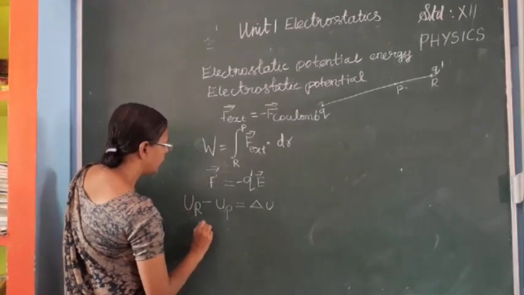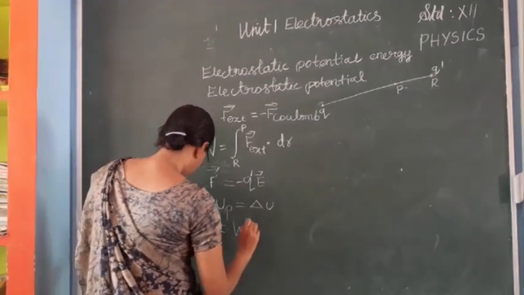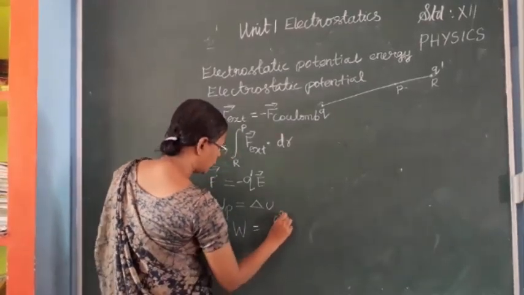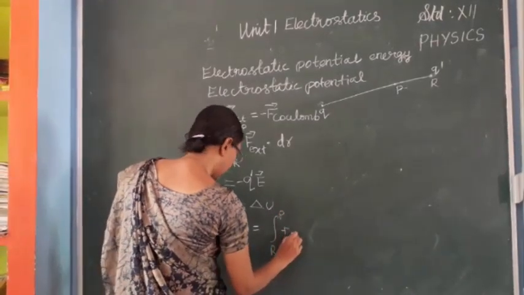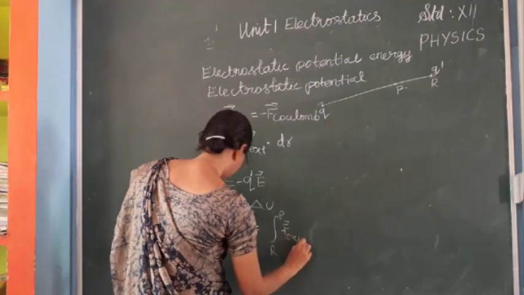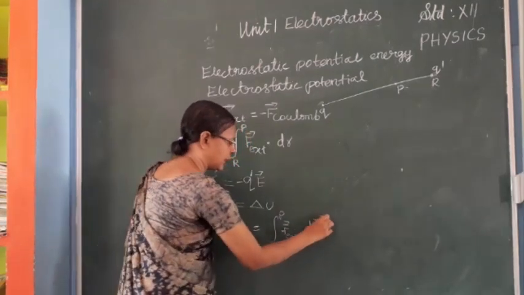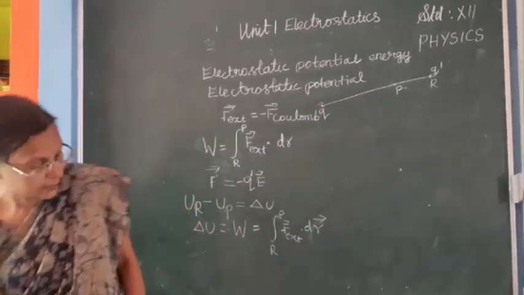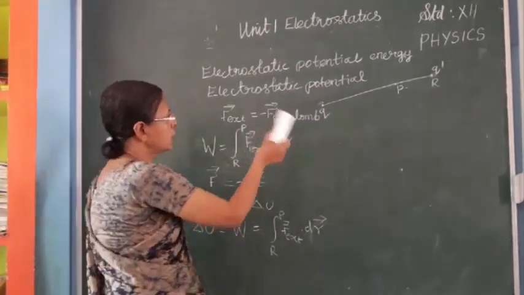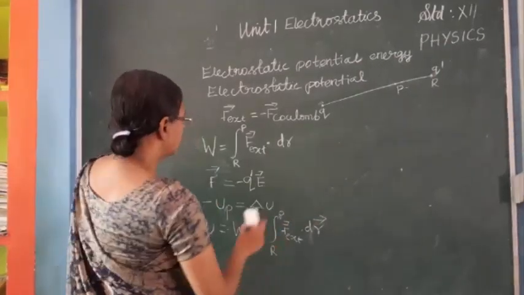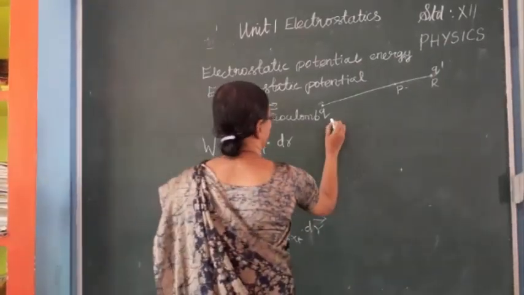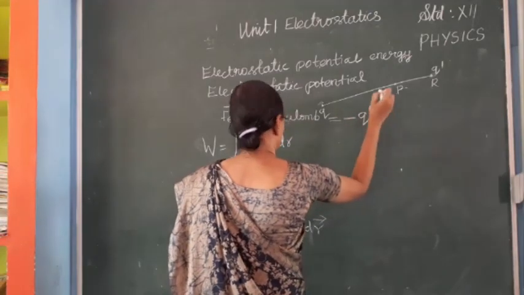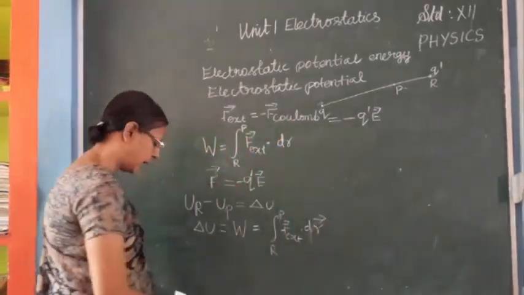So del U is equal to W, which is the integral from R to P of F external dot dr vector. Since the two forces are equal and opposite, F external is minus Q dash E vector, according to Coulomb's law.